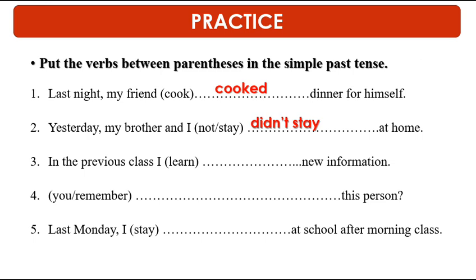My brother and I is subject plus didn't plus verb stay, infinitive, at home. Number 3, in the previous class I learned, so it is learned new information. It is affirmative, we add only ed. Number 4, you remember, and it is interrogative, so we start with did. Yes, did you remember this person?